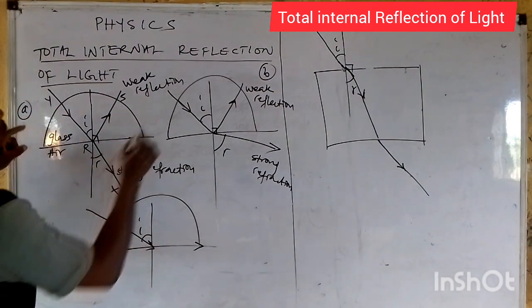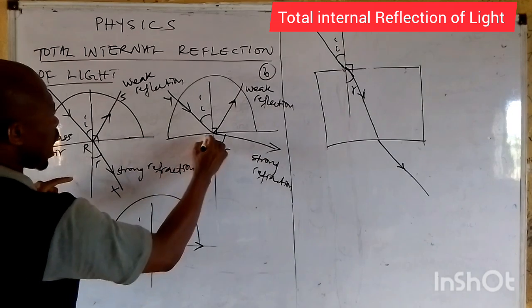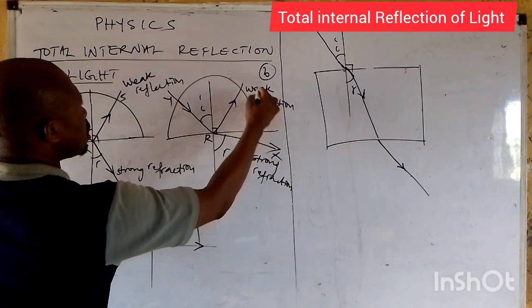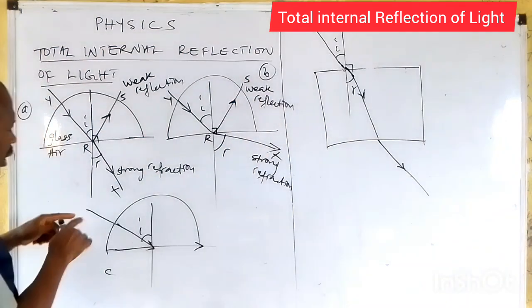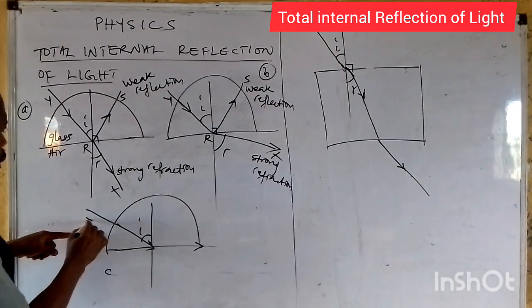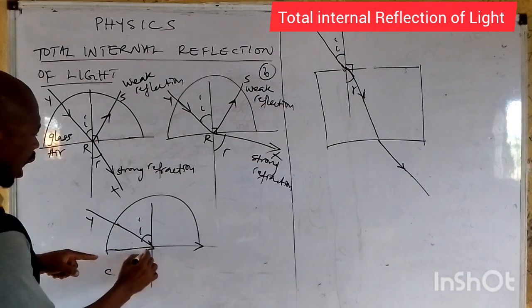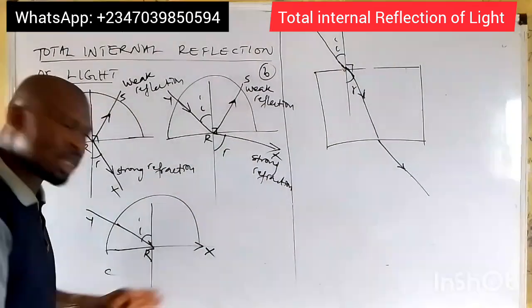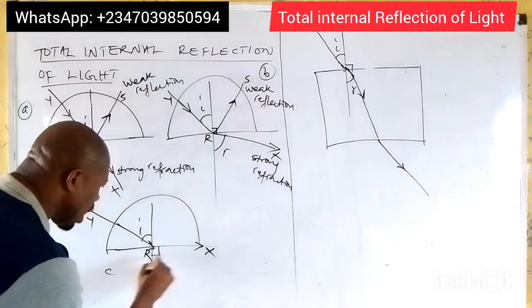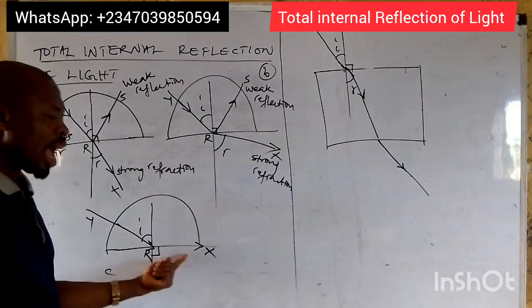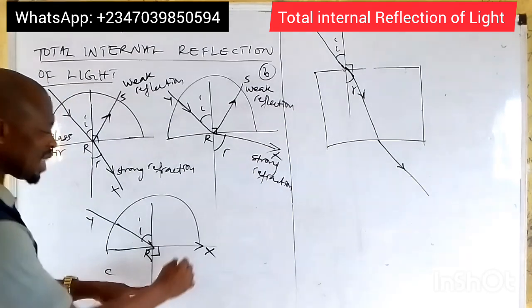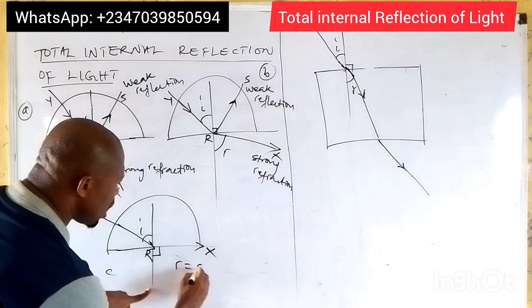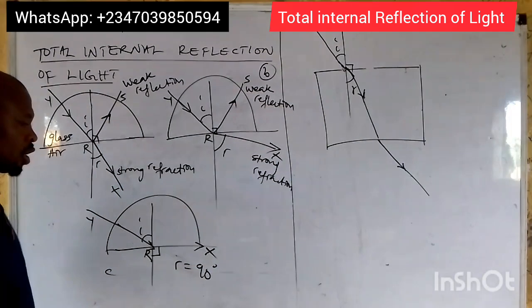So if we have this as our Y, R here, and this is our X, this is our S here. Now this X will now lie on this. That means at this point now, the angle of refraction is 90 degrees. That is, at this point we say r is 90 degrees.